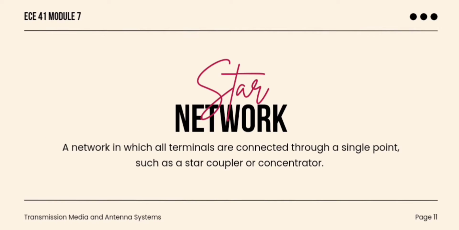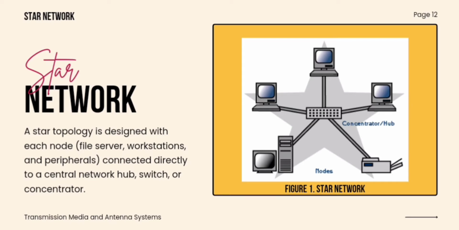Okay, and lastly, we have the star network. A star network is one in which all terminals are connected through a single point, such as a star coupler or concentrator. So, a star topology is designed with each node connected directly to a central network hub, switch, or concentrator, as shown in figure 1.